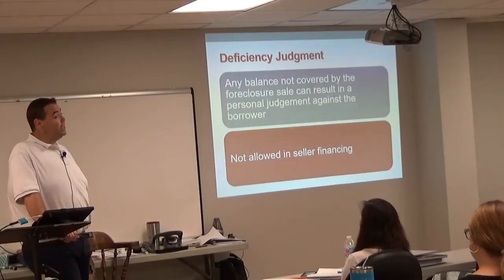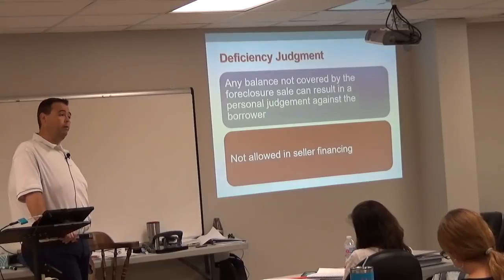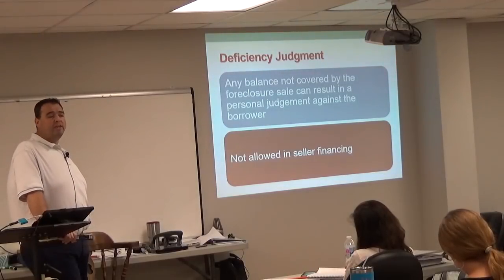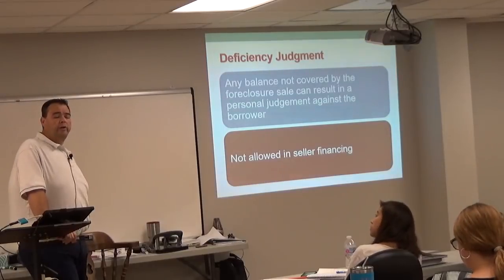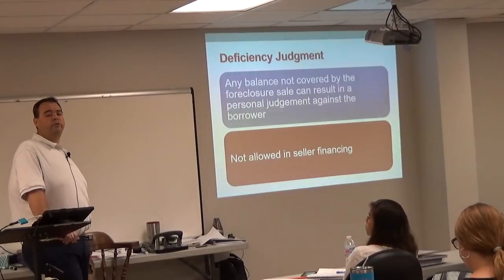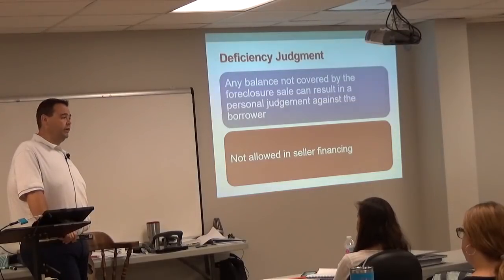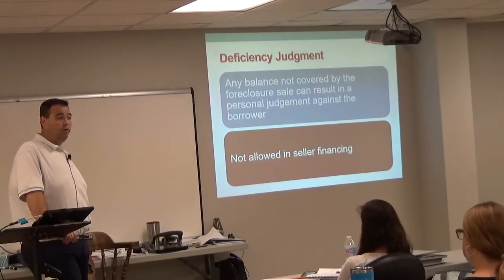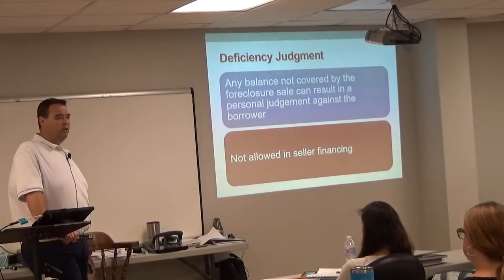So this is a test alert question, because it's one that people have struggled with in the past. If they give you a test question where they just set up a hypothetical and they say, the house is sold for $100,000 but has $120,000 of outstanding mortgage debt on it. You with me so far? One of the answer choices is going to be that the lender takes a $20,000 loss.